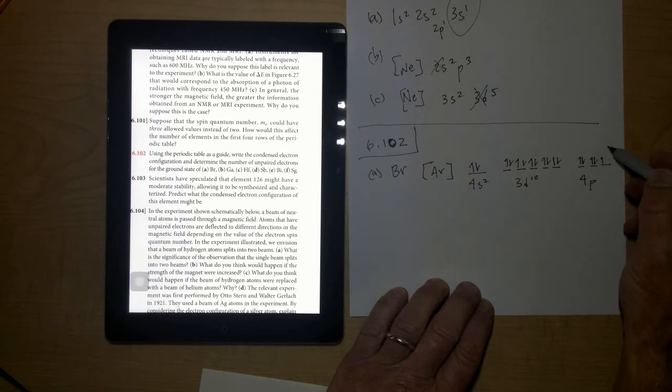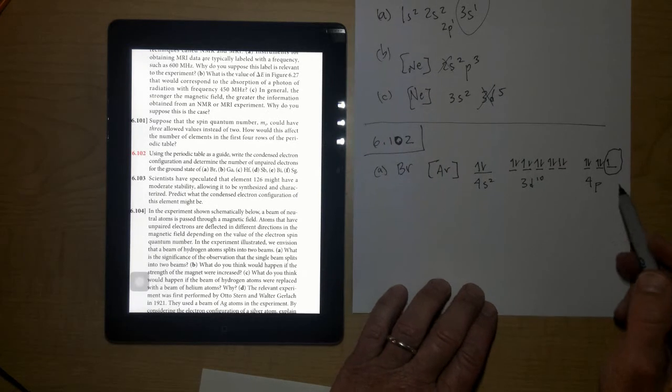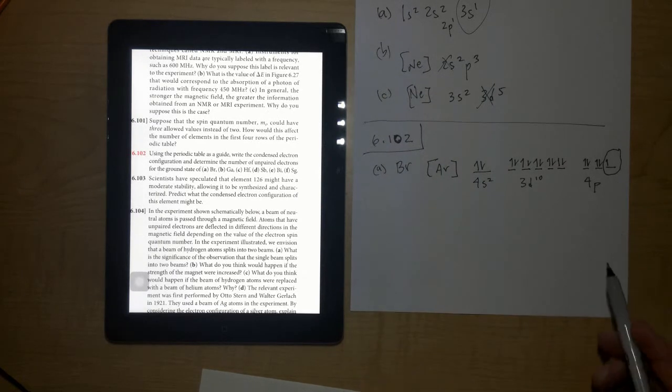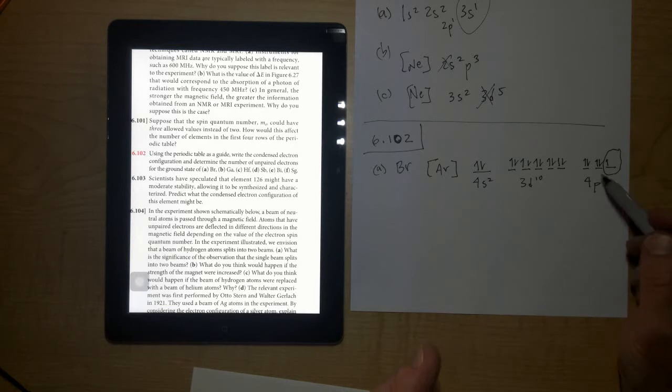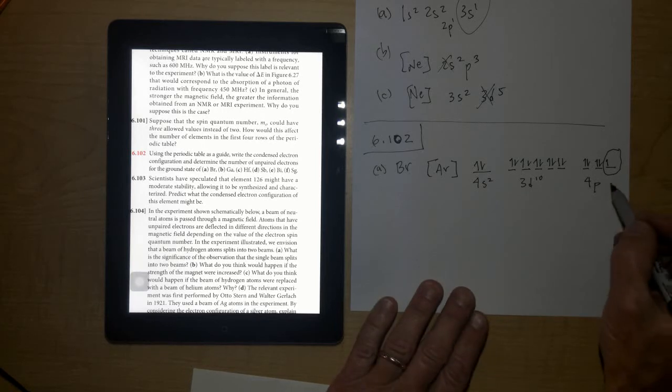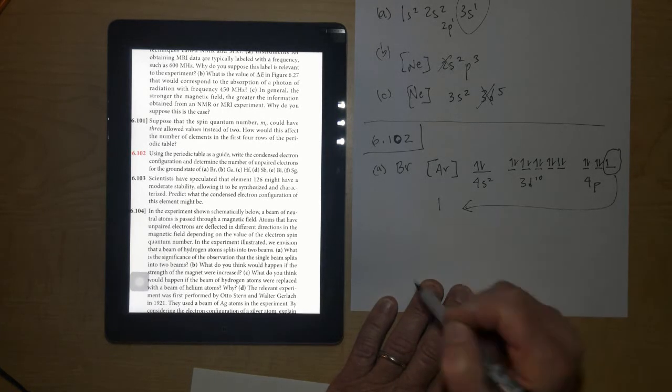Well, this is the only unpaired electron there is, and by ground state they mean that all the electrons are where they're supposed to be. None are promoted to a higher energy level like it would be in, say, a flame test lab or something. And so in letter A there is 1 unpaired electron.